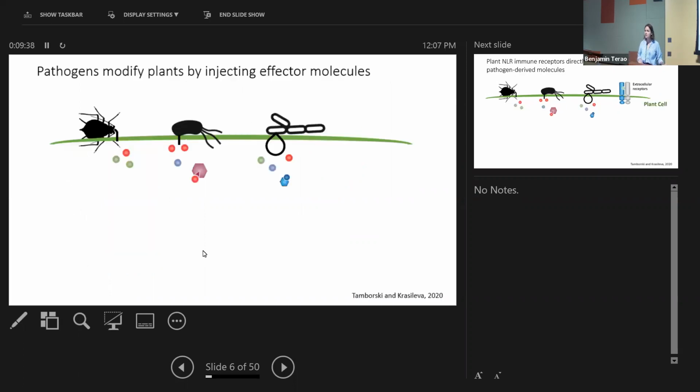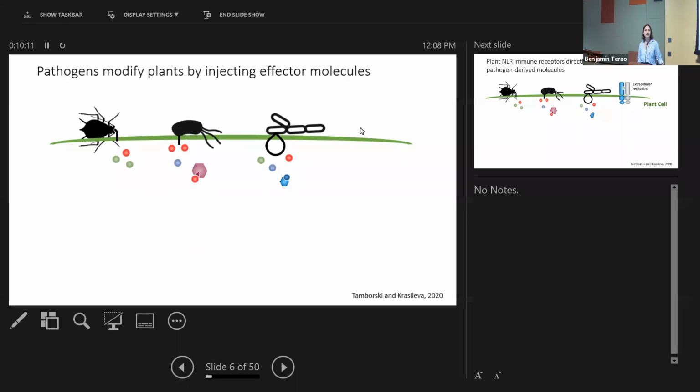And to summarize quickly in 2 slides as background, 30 years of research on molecular plant pathology, you just need a little bit to understand what we do. It comes down to the fact that many different pathogens, when they infect their host, they infect a plant cell, no matter what type of pathogen it is, what kingdom they come from, they inject their own effector molecules, proteins, inside the plant cell.